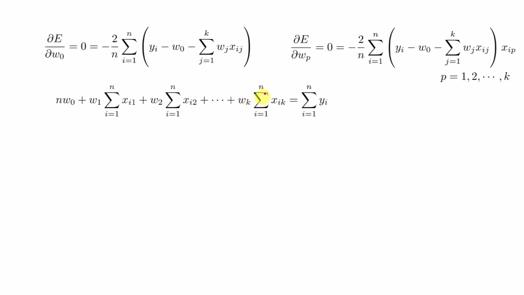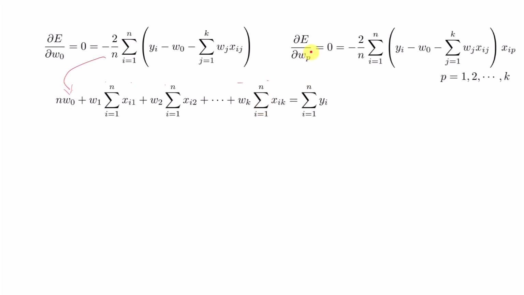Then up to wk summed over xik. And on the other side, we will have summation of yi. So this equation comes from here. Here this summation j from 1 to k, I have broken into this series of terms. So you can see this is a linear equation whose unknowns are w0, w1, w2, etc. Even though it looks complicated, it is still a linear equation.